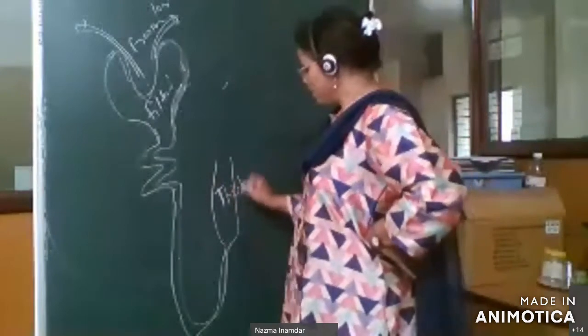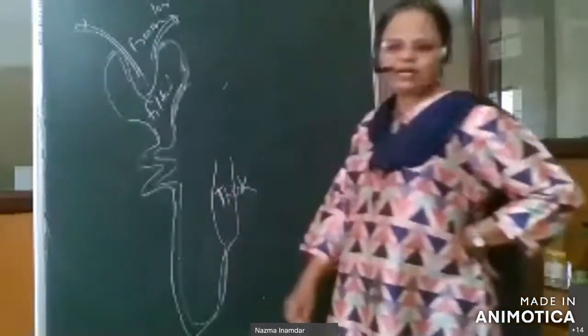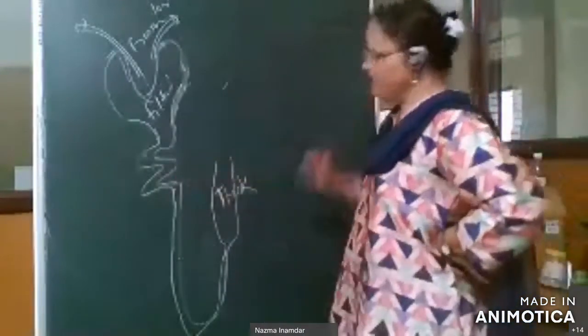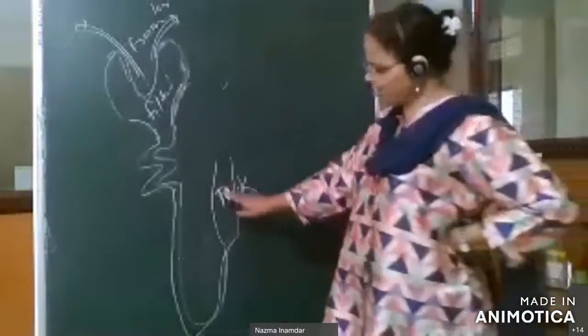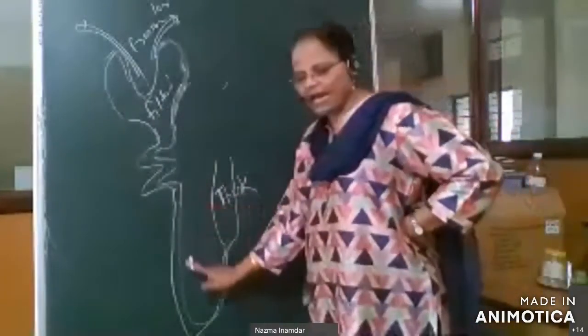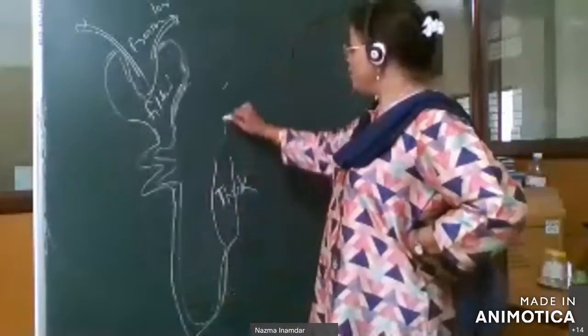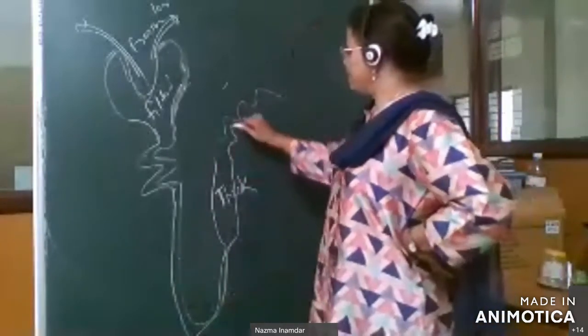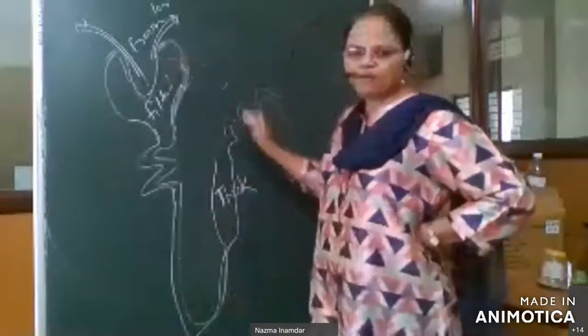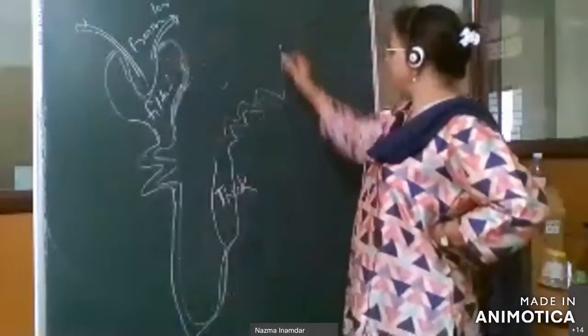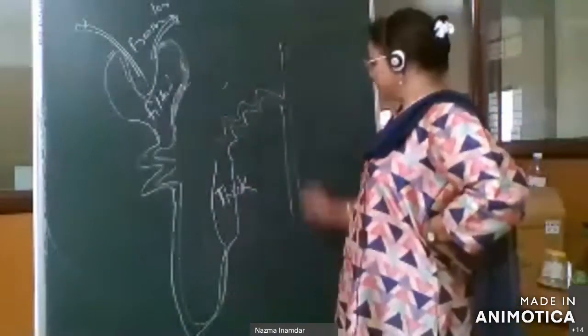This is the thick ascending loop of Henle. Till this it is the loop of Henle. This is the descending loop of Henle, the thin descending loop of Henle, and then if you go further, you get the convoluted tubule, but this is away from the first one, therefore it will be the distal convoluted tubule. Then here it will be the collecting ducts.